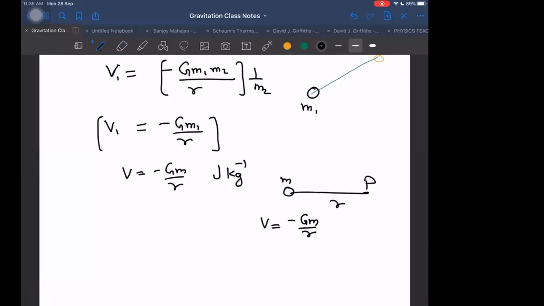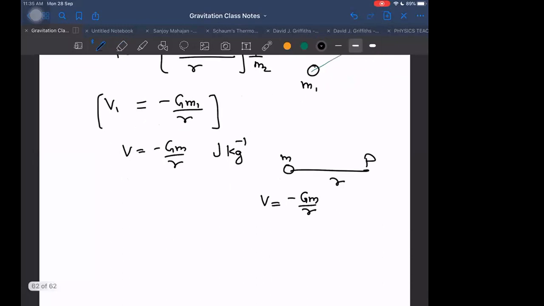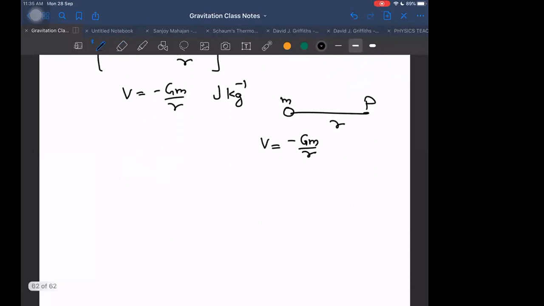Okay, right. So now, if we know all this, we can move a little further and define the interaction potential energy. First of all, the interaction potential due to several particles. Let us say I have M1, M2, and so on, Mi as particles, and I want to find the potential at this point.